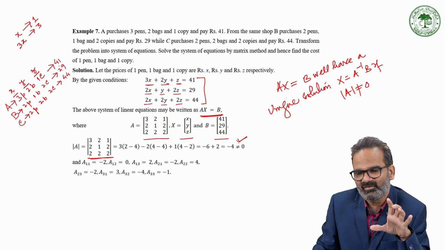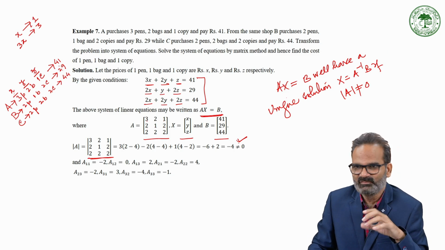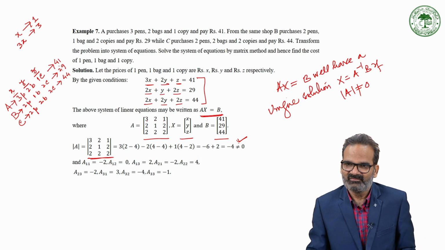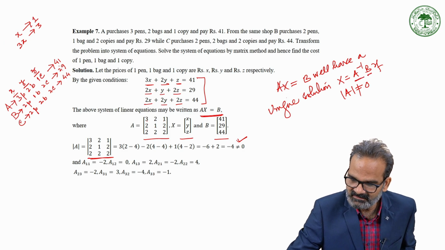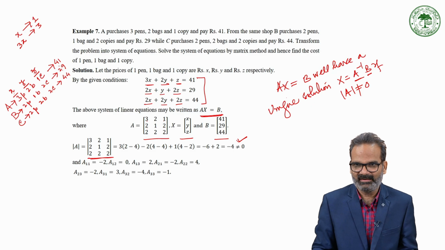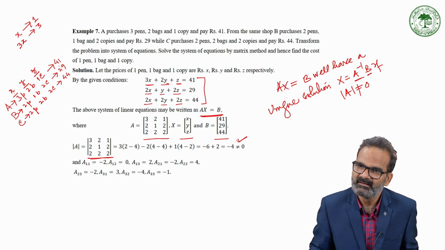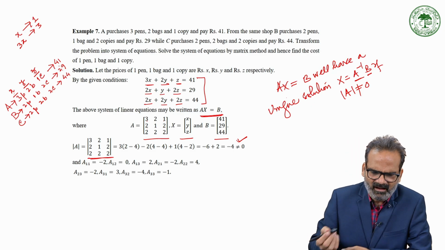Here the determinant of A is not equal to 0. So we will find out the inverse of the matrix simply, and this inverse of the matrix should be multiplied with the matrix B to get the values of the variables X, Y and Z. Clear? Now you can proceed.